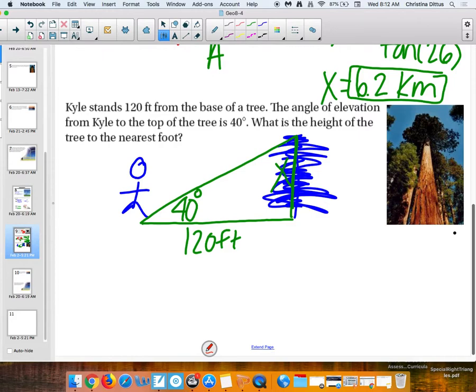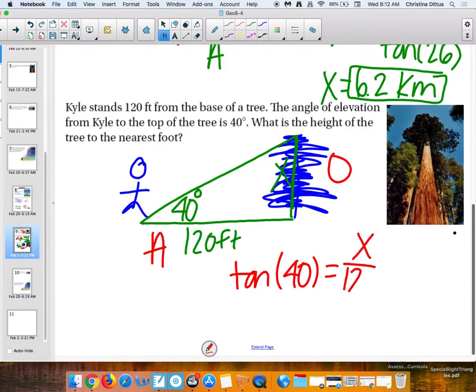From 40's point of view, how does X relate? Opposite. How about 120? Adjacent. A lot of times when we do angle of elevation and depression, you're going to look at tangent. I'm not going to say always, but a lot of times. Here again, we have OA, which is tan, so tan of 40 equals X over 120.